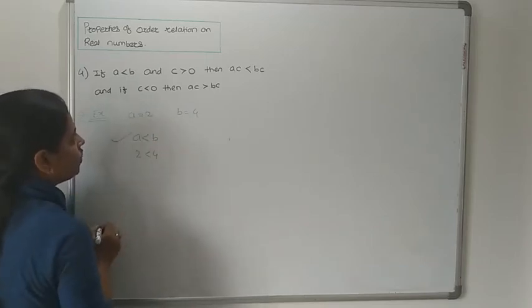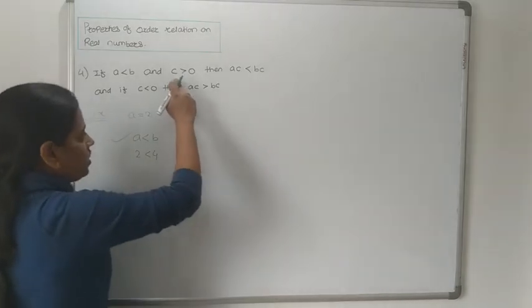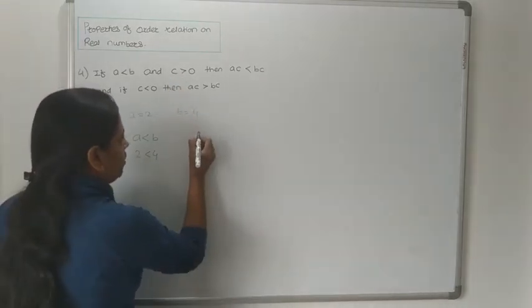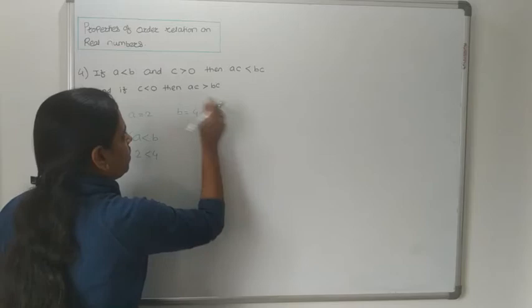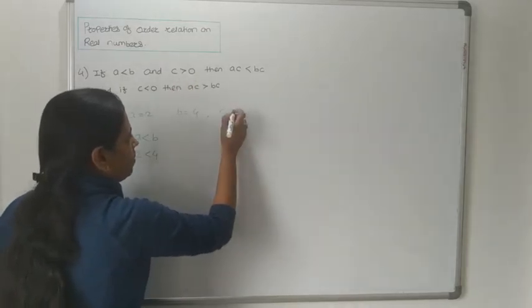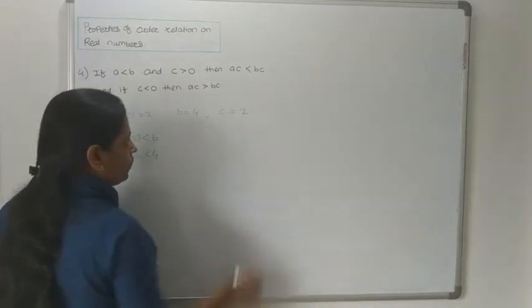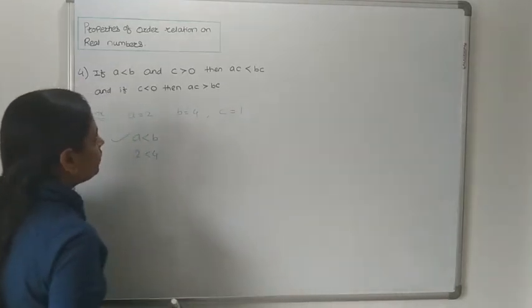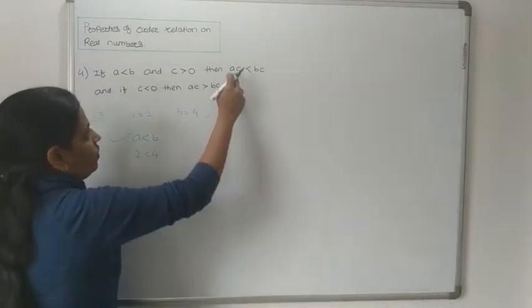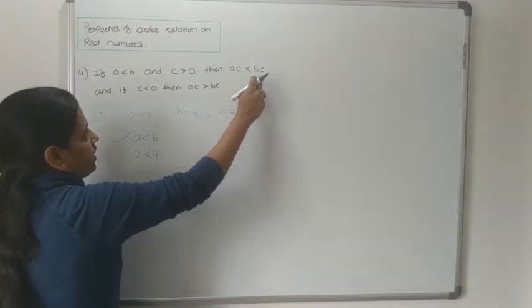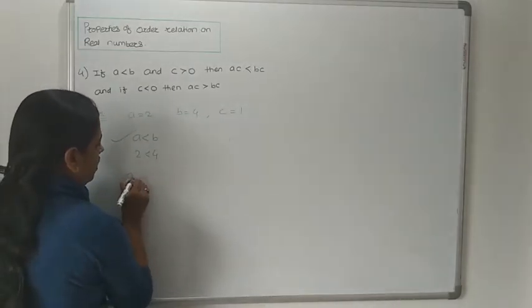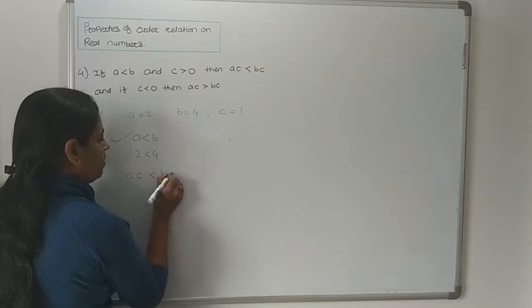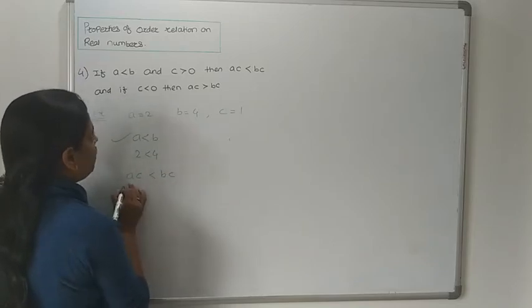This is true. And one more constant is there, that is C. Suppose C is greater than 0, which means it is a positive number. Suppose C is 2, or C is 1. Then what happens? We have to prove this one: AC is less than BC. What is the value of A? 2.